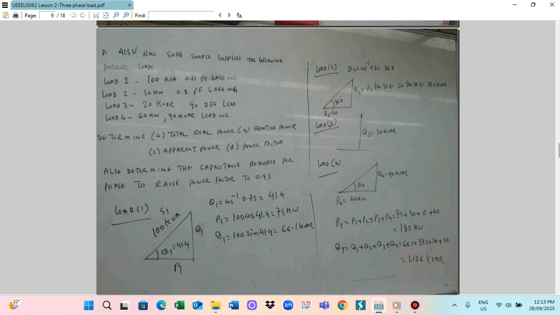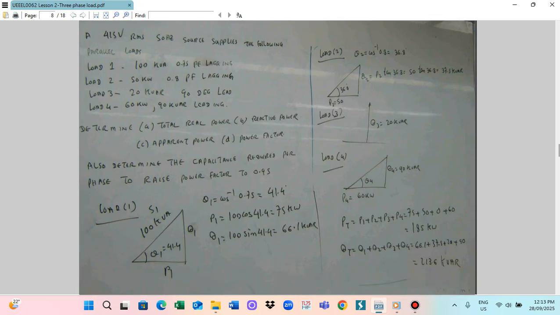And also you can calculate the QT. QT is Q1 plus Q2 plus Q3 plus Q4. Okay, so Q1 is 66.1, plus Q2 is 37.5, Q3 is 20 and Q4 is 90.